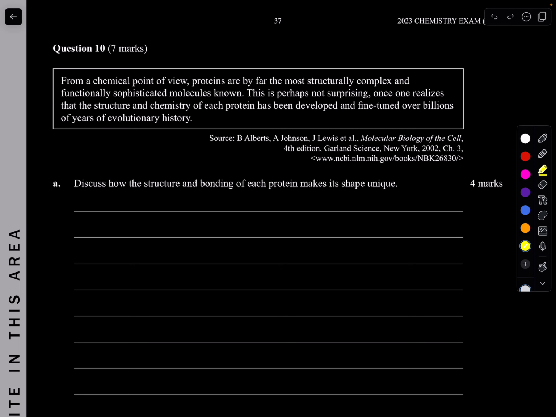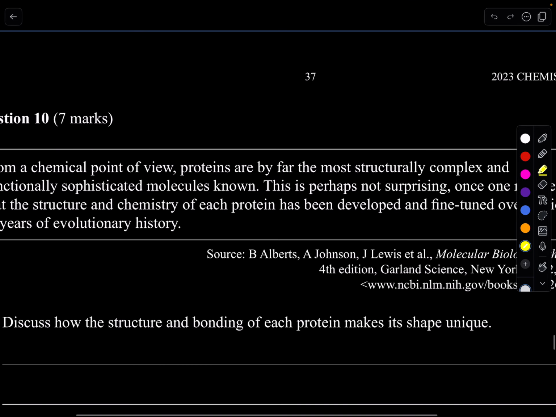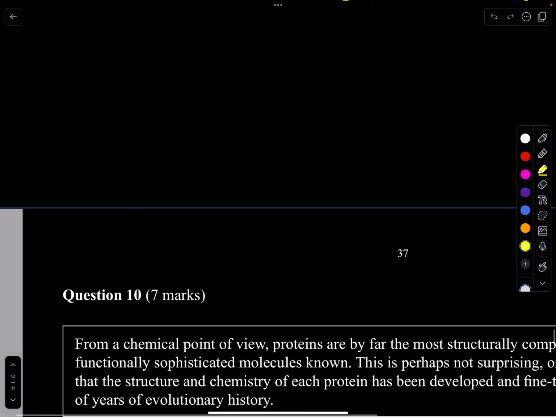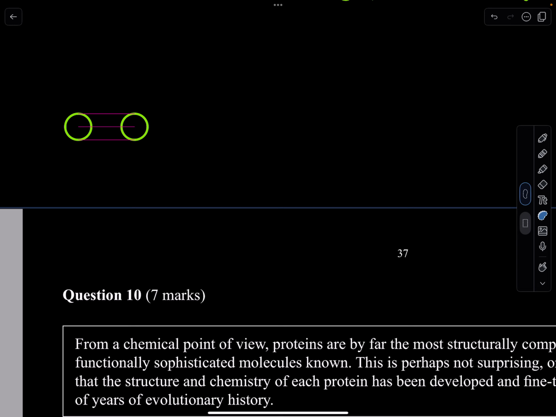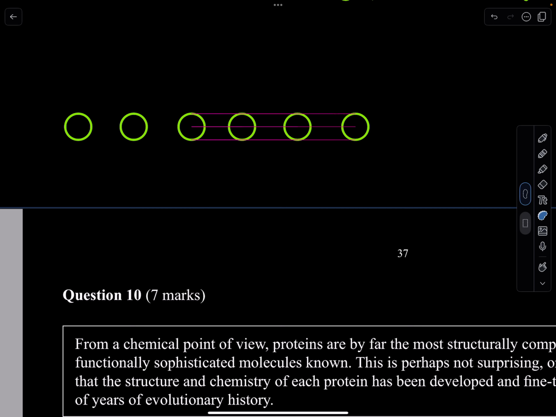First, what we're going to talk about is the primary structure of a protein. It's basically the amino acid sequence. Imagine these are all amino acids, right over here.